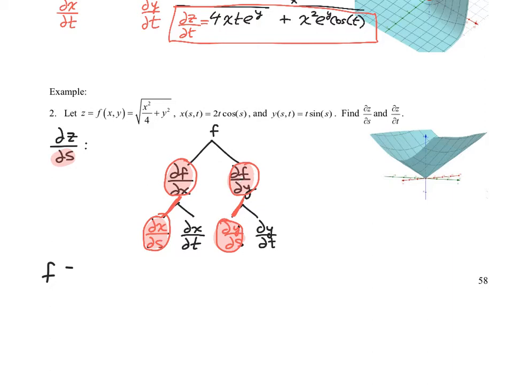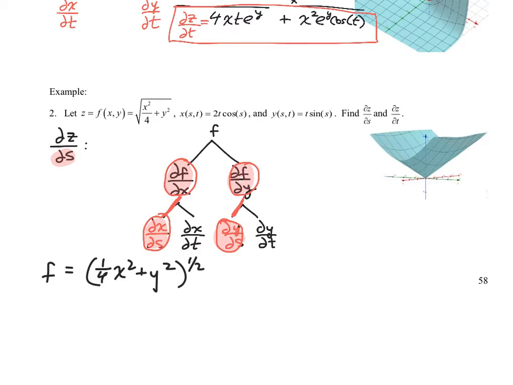So my original f, I could write it as, with a slight adjustment, 1/4 x squared plus y squared to the 1/2 power. Nothing too crazy, just making it a little bit more power rule friendly.